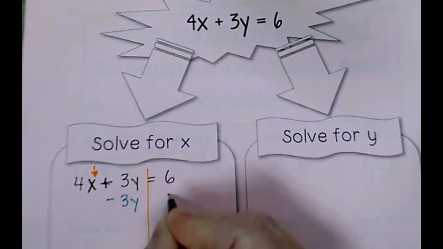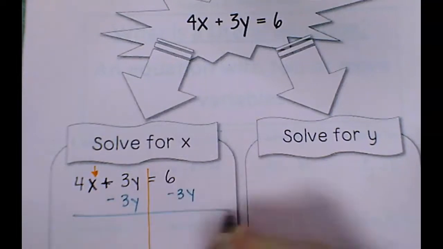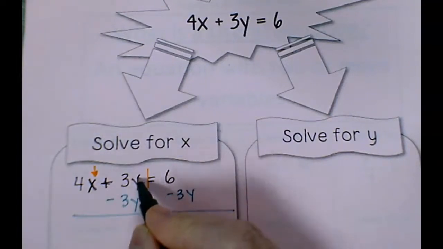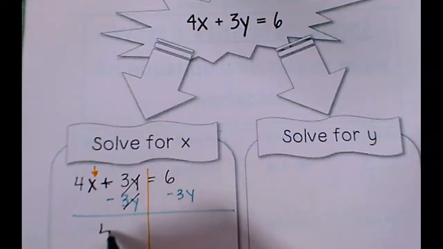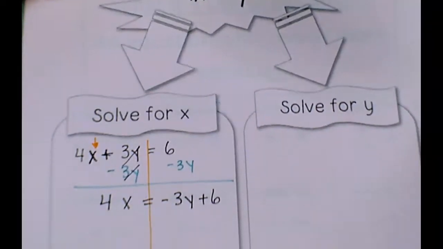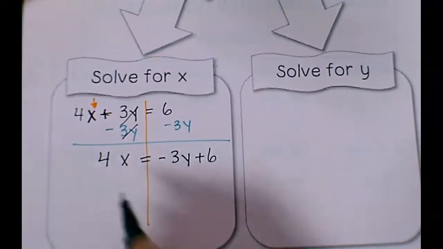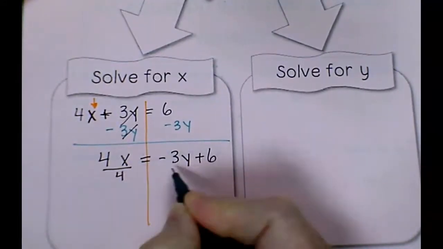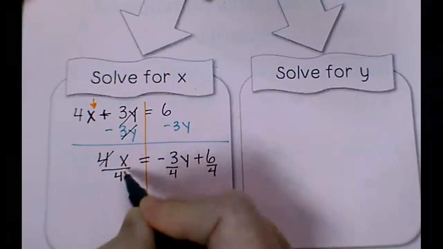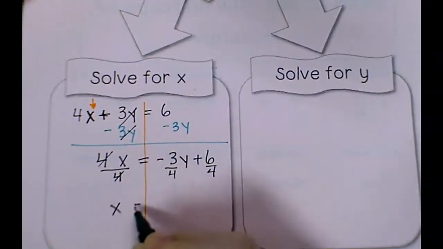We need to subtract this from both sides so that x will be by itself, and this will cancel. The 3 and the 6 are not like terms because one has a y and one doesn't. So I need to divide by 4, so that will cancel.